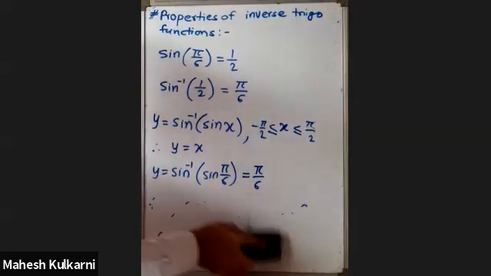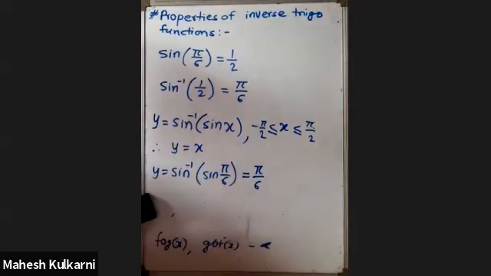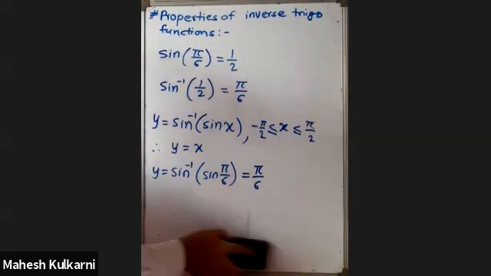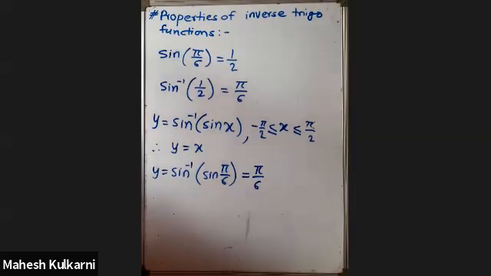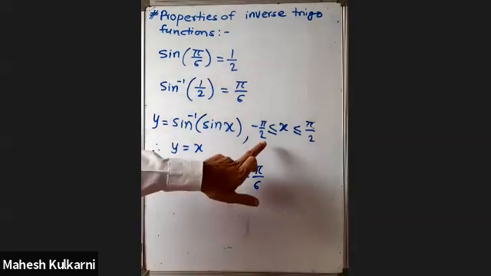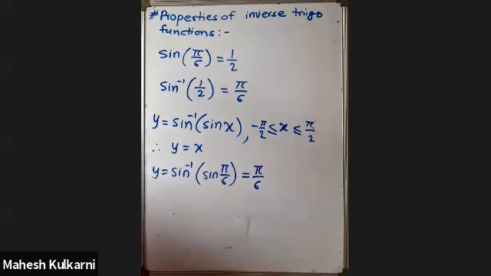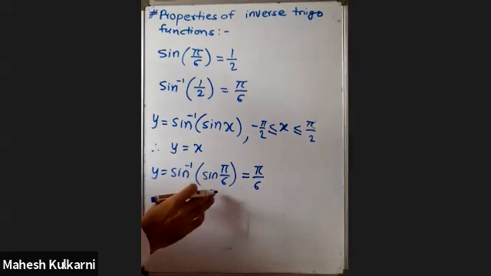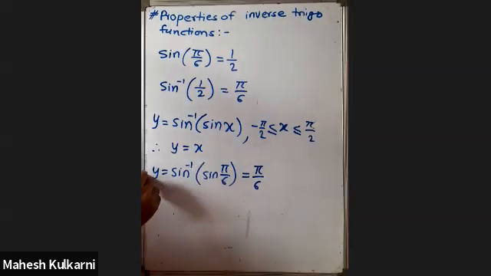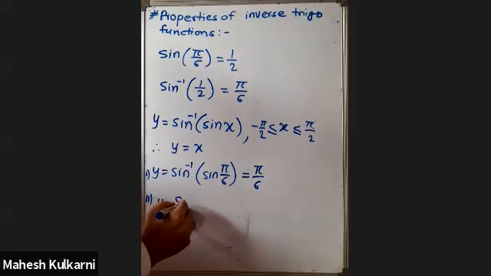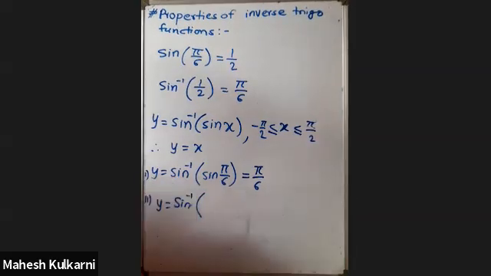Now, while solving questions on this property, remember this condition is necessary. x should be between minus pi by 2 to pi by 2. Here, sine inverse of sine pi by 6 is pi by 6. But observe this second example carefully.